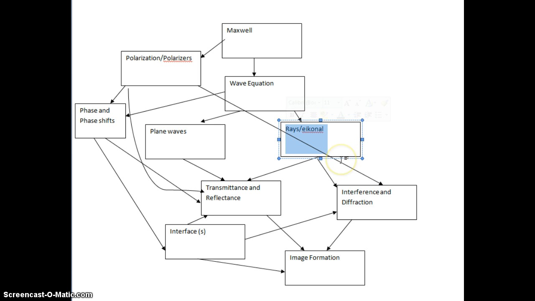I know you pointed out many times throughout the semester that we're using a laser, and it just so happens that it follows the same laws, like Snell's law. So angle in equals angle out, and they tend to transmit and reflect in the same ways, but it's really rays that are required, not plane waves.